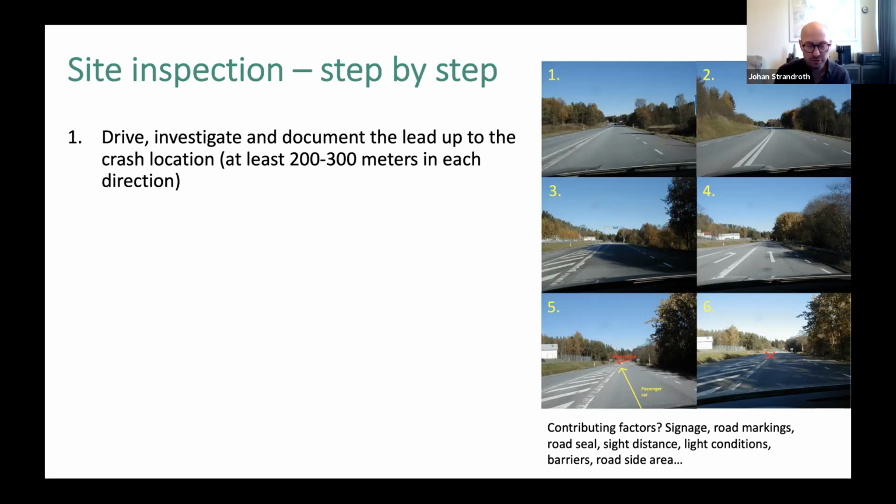If it's a pedestrian, you will of course walk along that route as a pedestrian. Are there any contributing factors that you can see leading up to the crash? Signage, road markings, road seals, sight distances, light conditions, barriers, roadside area, all of that. Either you note it straight away, or you can notice it when you look at the video later on.